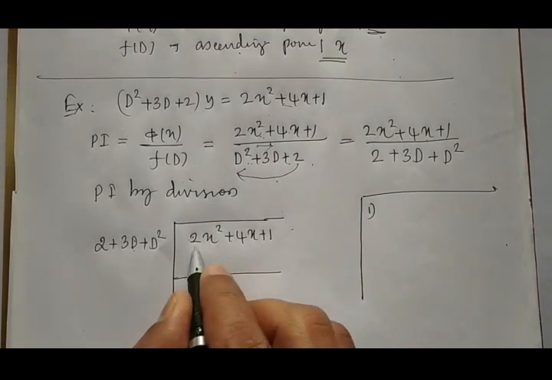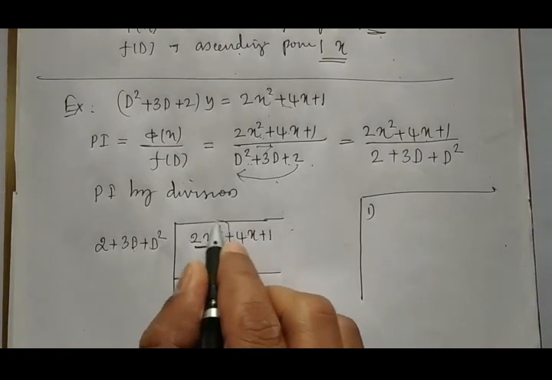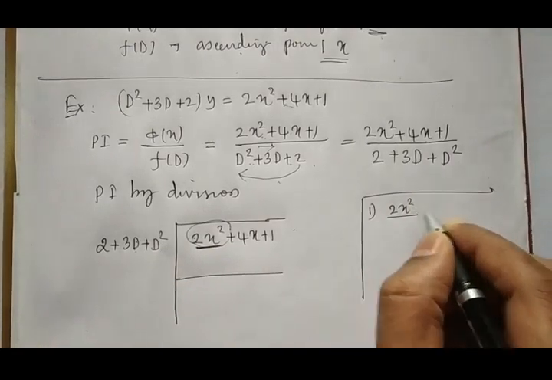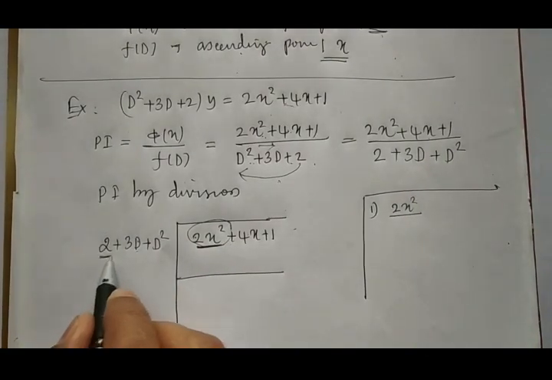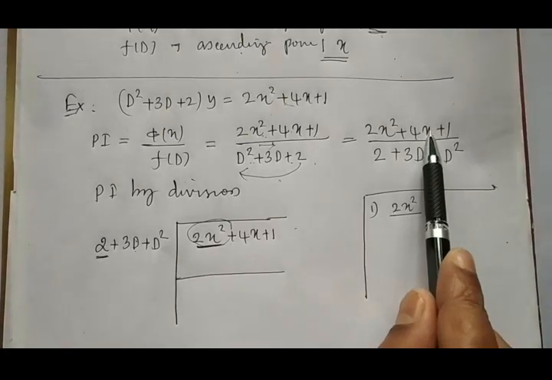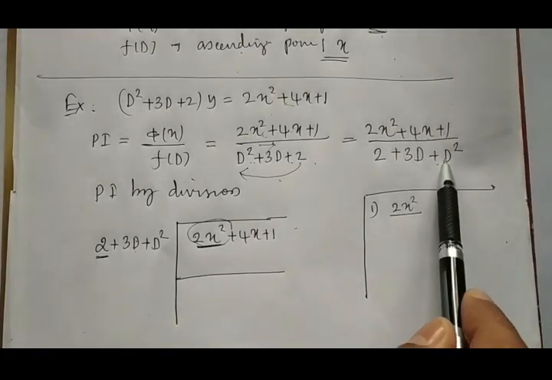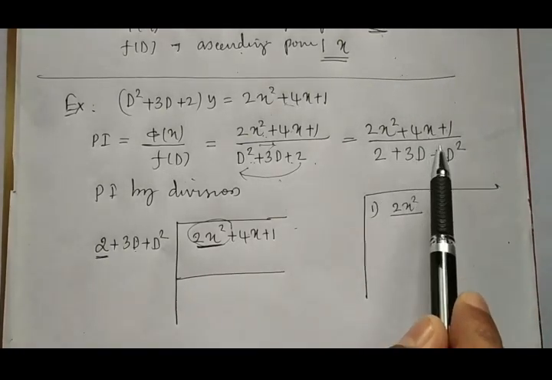How to take? In this entire equation, first I'll concentrate on only one term, that is 2x square. I'll write it down here. That 2x square, first term, divided by first term of this. You can see this is the numerator and this is the denominator. We know the numerator has to be divided by the denominator. But when it is not possible at once, what to do?